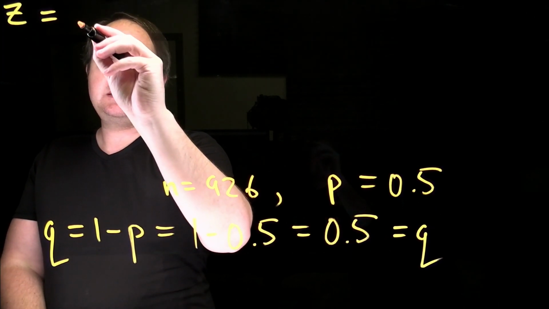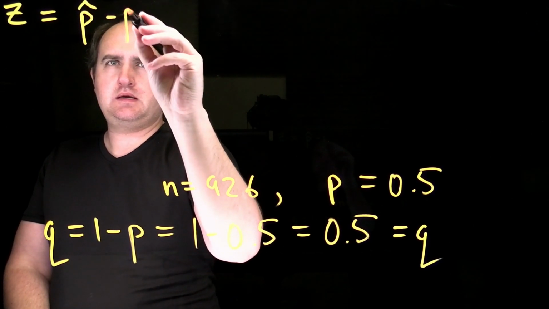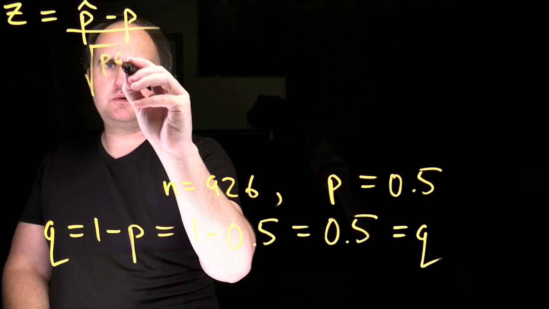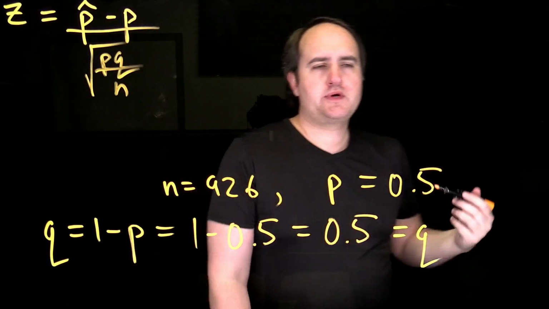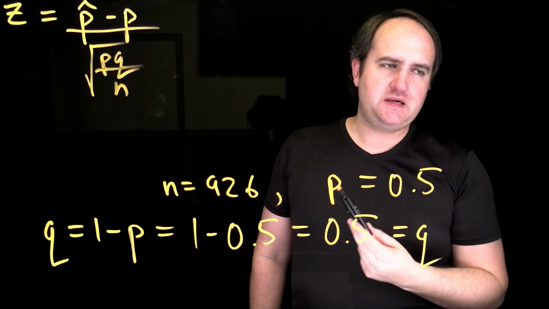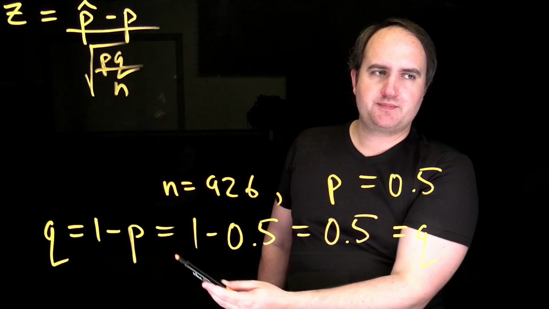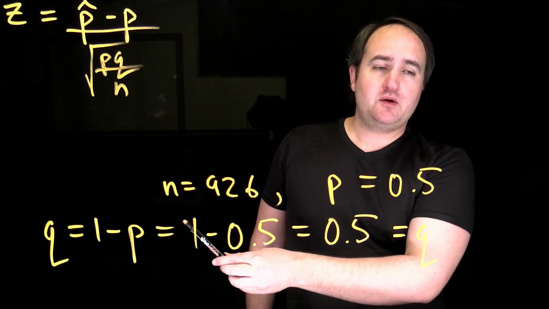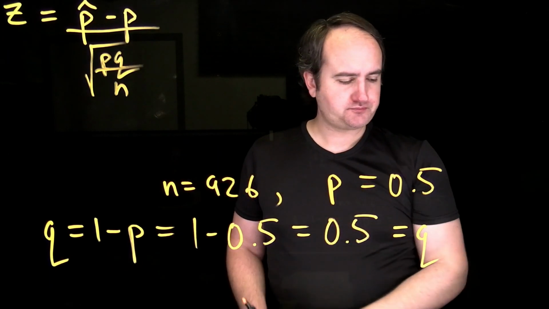So z equals p hat, there we go, minus p all over the square root of pq over n. So the whole reason I wrote down that p was 0.5 from the null hypothesis, q we got from 1 minus p, so 1 minus 0.5 is 0.5, and then n was 926. So the last thing we need here is just p hat.